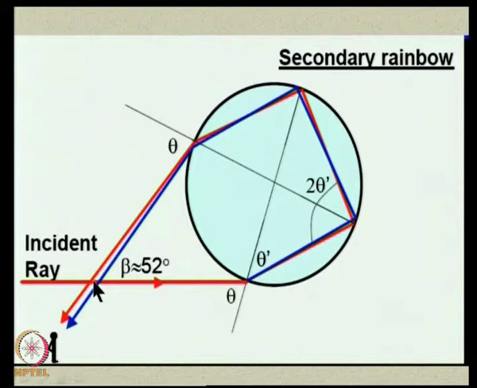As you saw, in one rainbow red was outer and blue was inner, the other one was the other way around, and this is because of the way it underwent reflection. In one case, there was only one total internal reflection, while in the other case there were two reflections.